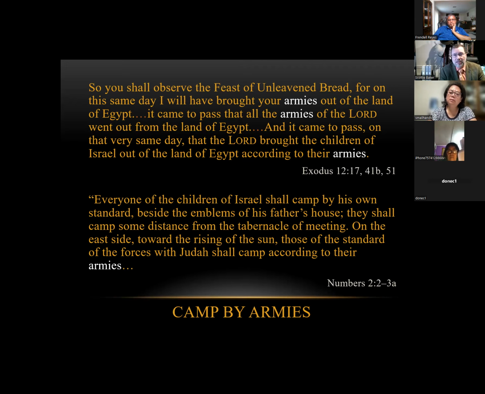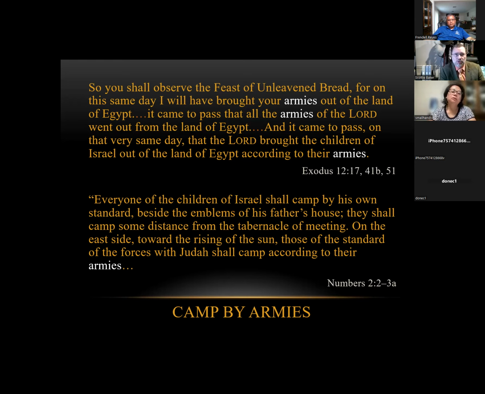It mentions armies. And also Numbers chapter 2, the first to the third verse, says, every one of the children of Israel shall camp by his own standard. I'll show you what an Egyptian standard looked like. Beside the emblems of his father's house. They actually had emblems, just like the Egyptians did. They shall camp some distance from the tabernacle of meeting. That's the sanctuary with the tabernacle in the middle.